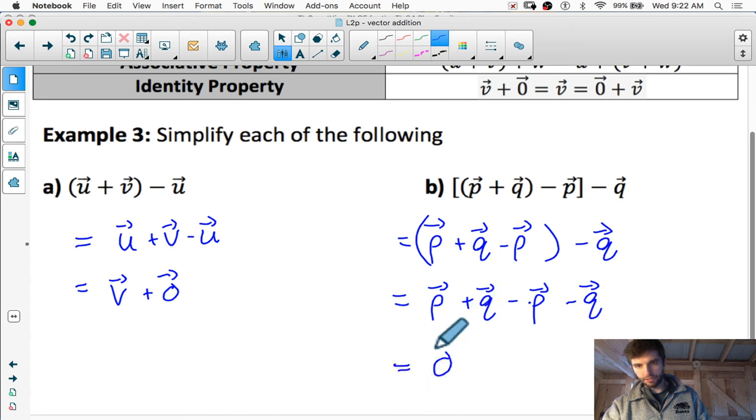So all I'm left with is the zero vector. So don't just write zero, put the vector symbol above the zero when we do that.